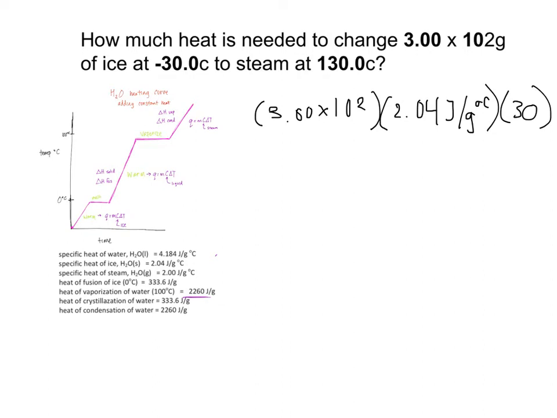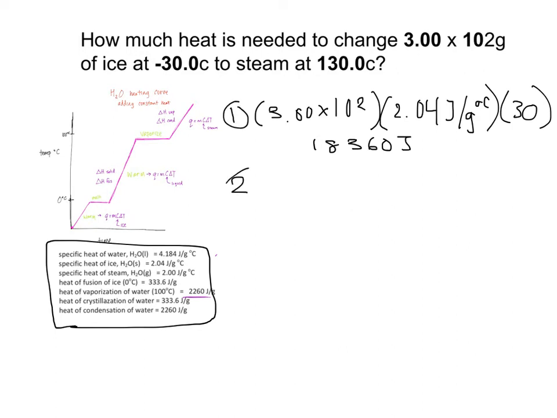You use the 2.04 because that is given to you in this set of numbers for specific heat, and the 30 is because you're starting at negative 30 and raising up to 0 degrees. Once you multiply that out, you get 18360 joules. So that'll be the first equation.